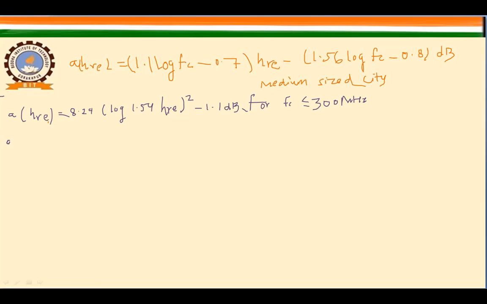The second value is a(h_RE) = 3.2 (log(11.75 h_RE))^2 - 4.97 dB for fc greater than or equal to 300 megahertz.